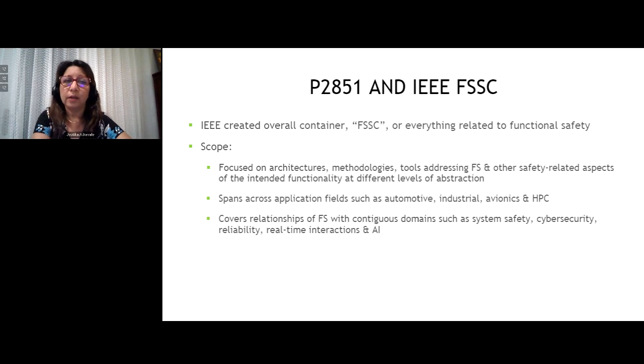P2851 within IEEE reports into a functional safety standards committee, that is an overall container related to functional safety and the connection of functional safety with other dependable technologies that's focused on architectures, methodologies, and tools addressing functional safety and other safety related aspects at different levels of abstraction, spans various application fields, including automotive, industrial, avionics, and HPC.